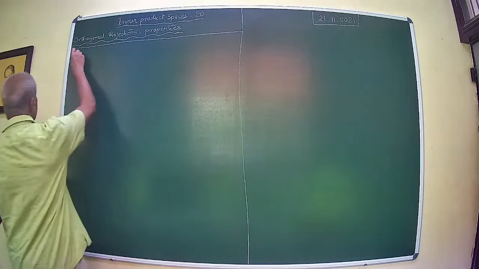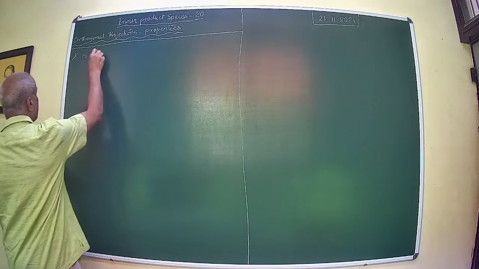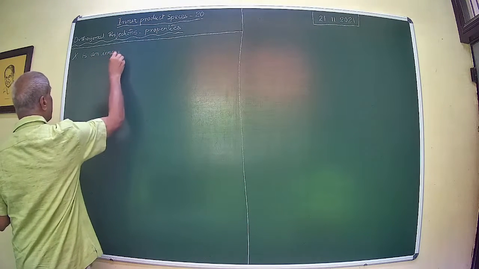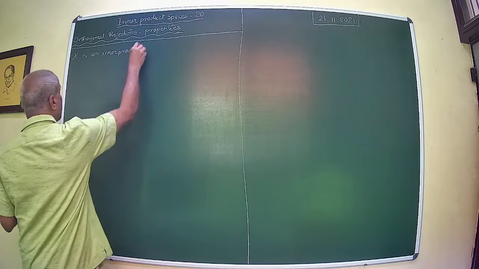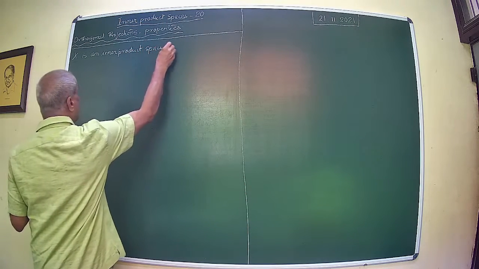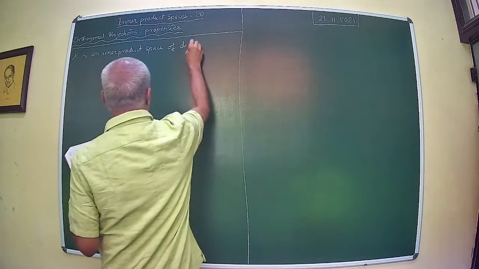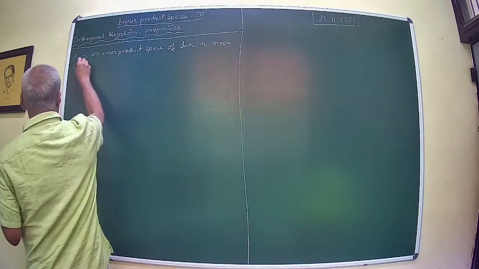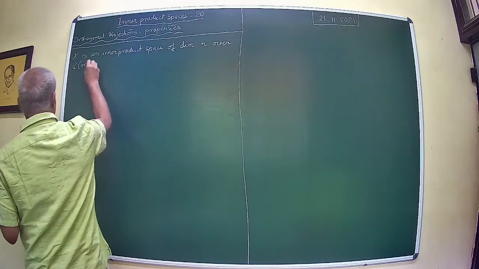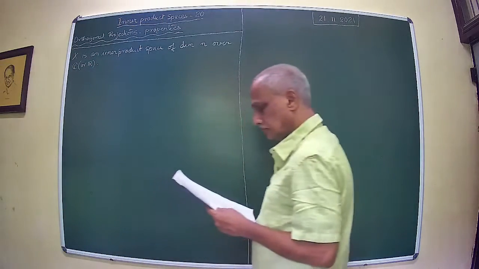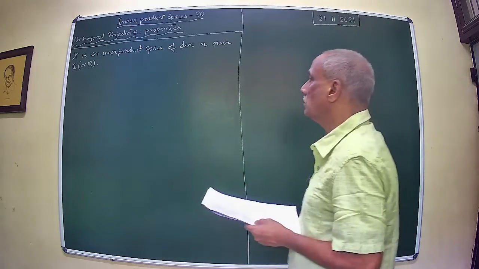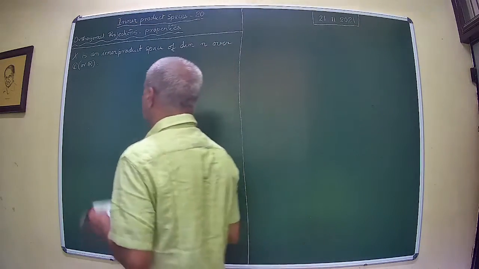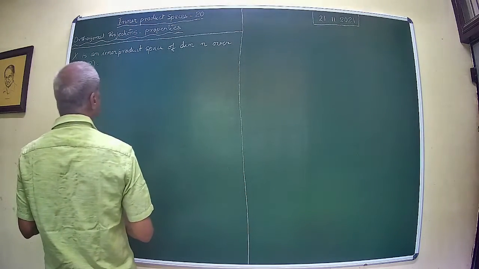But right now, we assume the following: X is a vector space of dimension n, an inner product space, so it's a finite dimensional vector space.